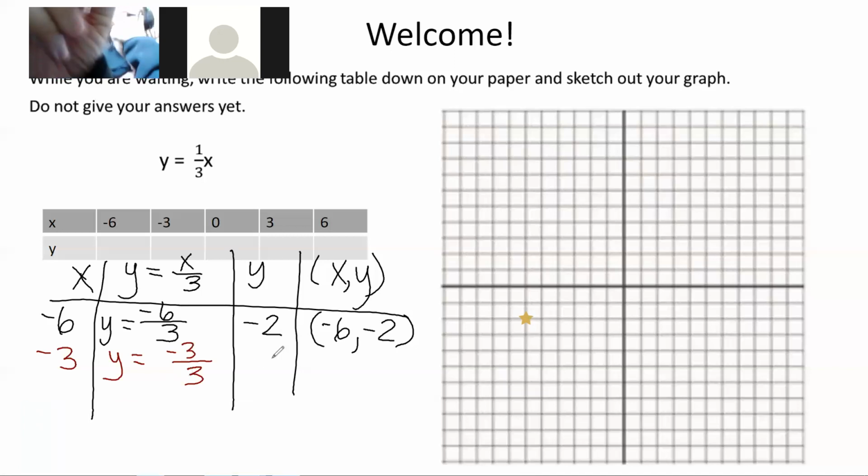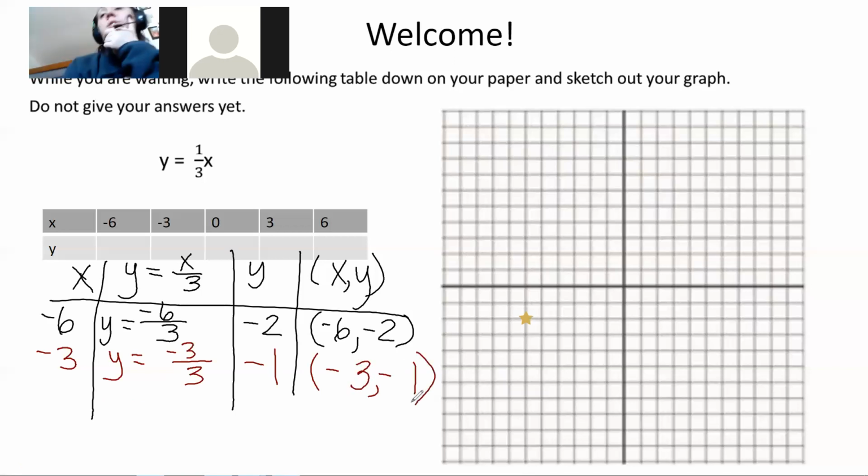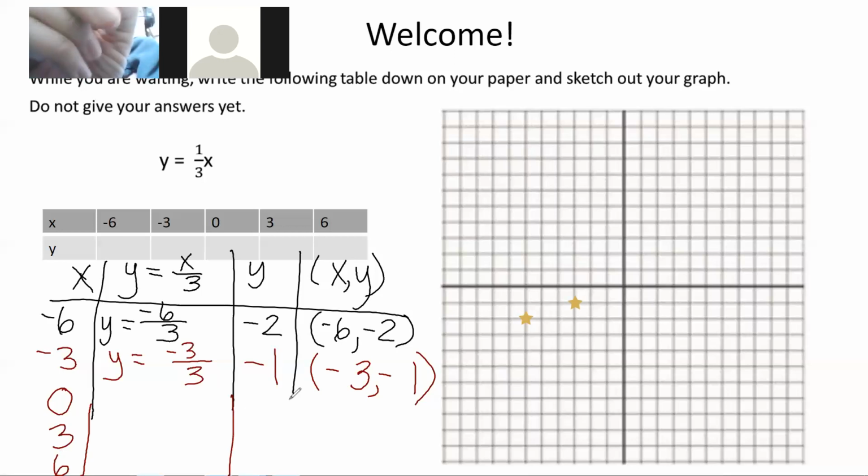Yeah, -1. Very good. So we have -3, -1. Cool. And Malachi, can you graph that one, or whoever? We still got to plug in 0, 3, and 6.